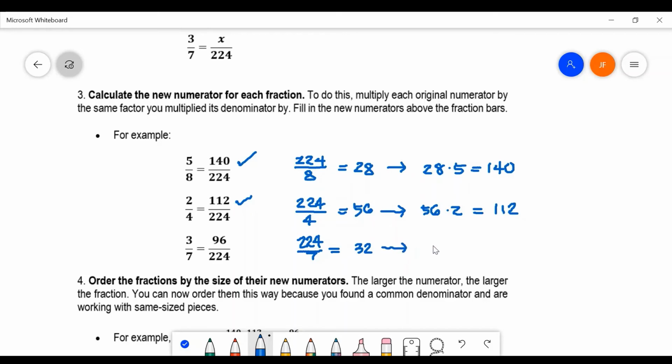Now 32 multiplied to the numerator, which is 3. So 32 times 3 is equal to 96. Okay, so I hope that helps you understand where we get these new numerators. Now let's proceed to the next step.